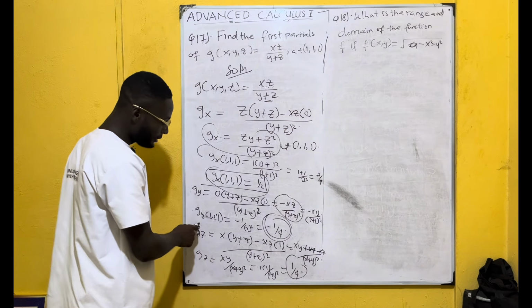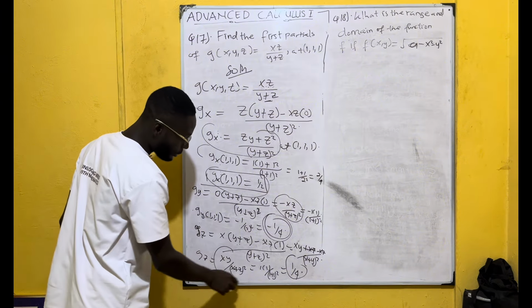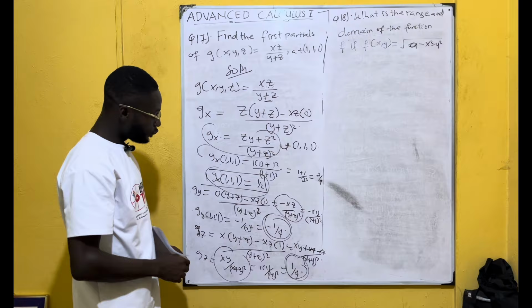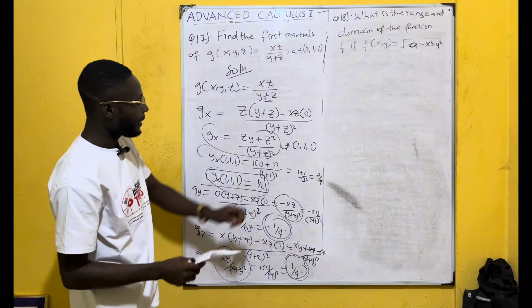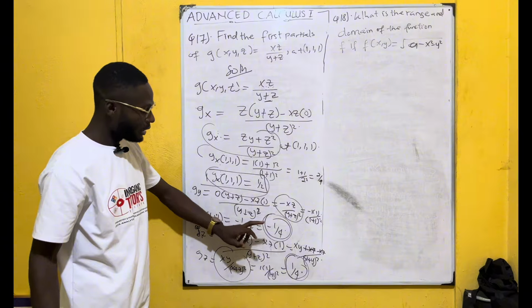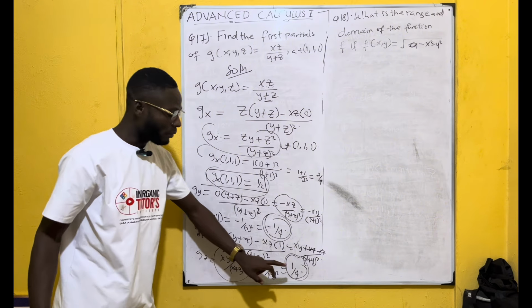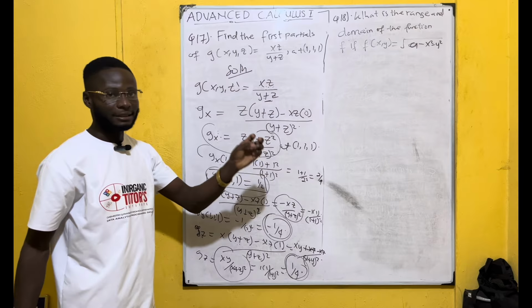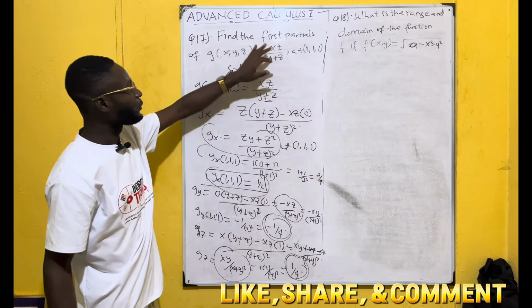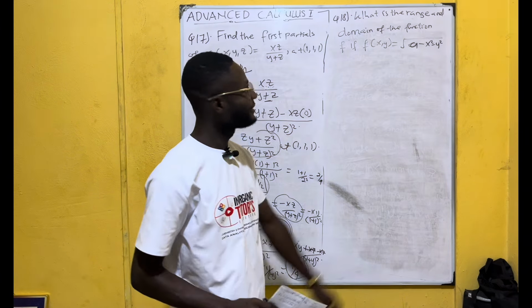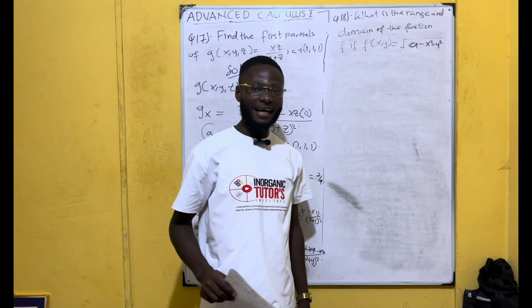Then g_z, we had this. When we evaluated, we had 1 over 4. So the answers are positive 1 over 2, negative 1 over 4, positive 1 over 4. And that is for respect to x, y, and z. So we are done with question number 17. Go on to question number 18.